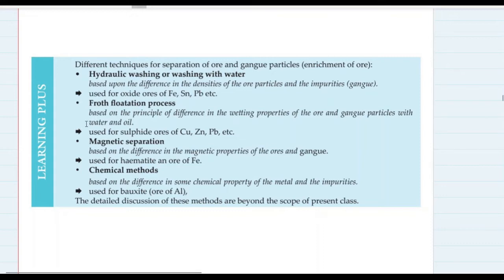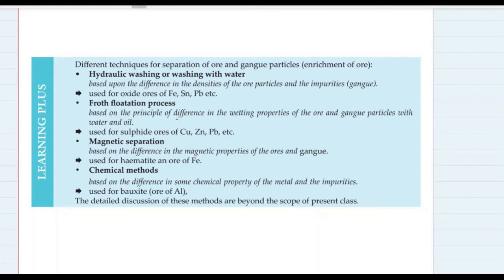Froth flotation, I told you, is based on the principle of difference in wetting properties of the ore. I told you metals are wetted effectively by froth, that is the foam, basically. That froth floats above the surface of water with the help of oil, and it is tapped out.